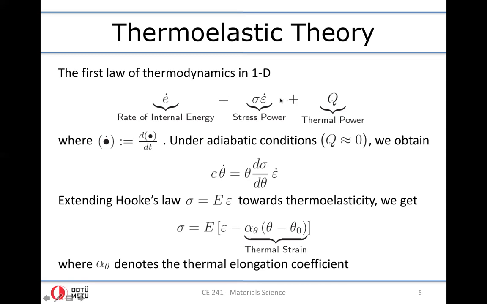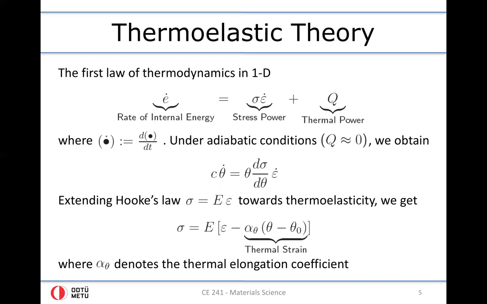Besides the mechanical stress power, we have a thermal power. So in thermomechanical theory, you can change the energetic state of a system in two different ways: you either deform the material, or you supply thermal energy to the system.